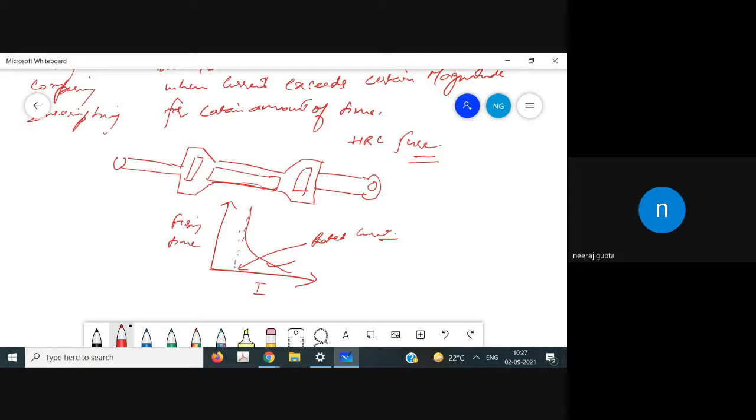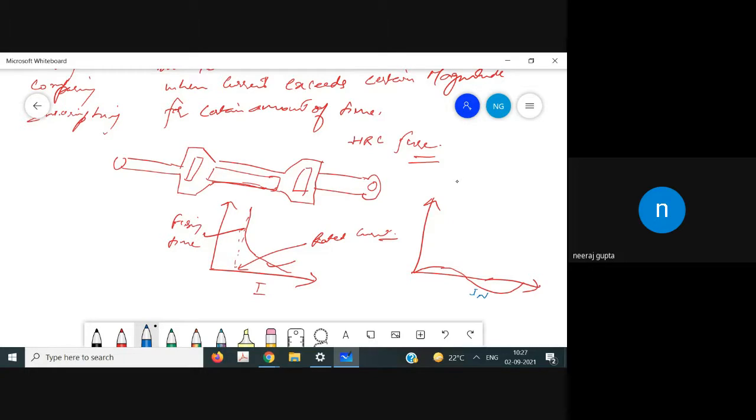Now, this is the time current characteristics, and if you want to draw this interrupted current, here we have the normal current, let it be denoted by IN.